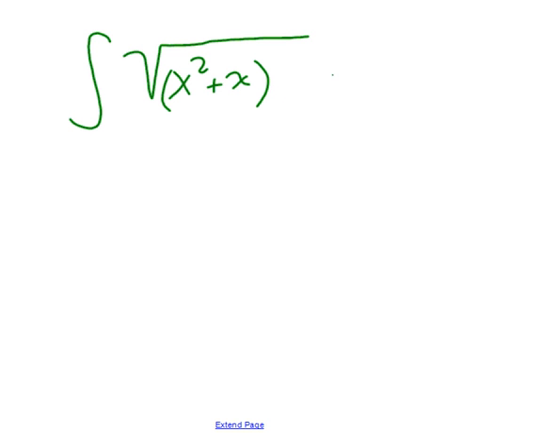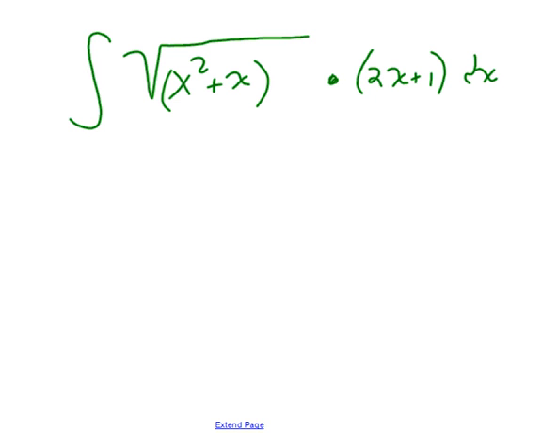So let's say that we were trying to integrate the square root of x squared plus x times 2x plus 1 dx. Well, what we did is we said, okay, let's try to identify what our inner function is.